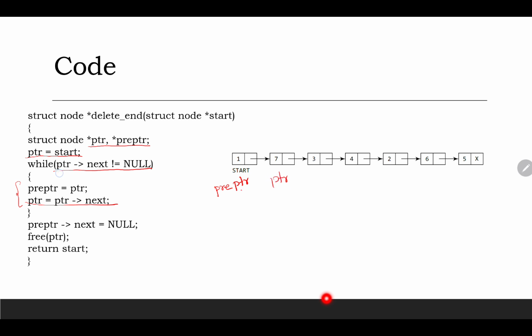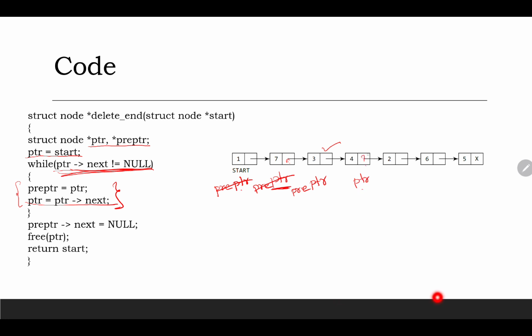Then again we check the condition ptr->next is not equal to NULL. Now this is the ptr node and its next is not null, so again the condition is true. Again this node becomes the pre-ptr and the next is the ptr. We check the condition again, it is not equal to null, so we execute the loop again. The ptr node becomes the pre-ptr and the next node the ptr.